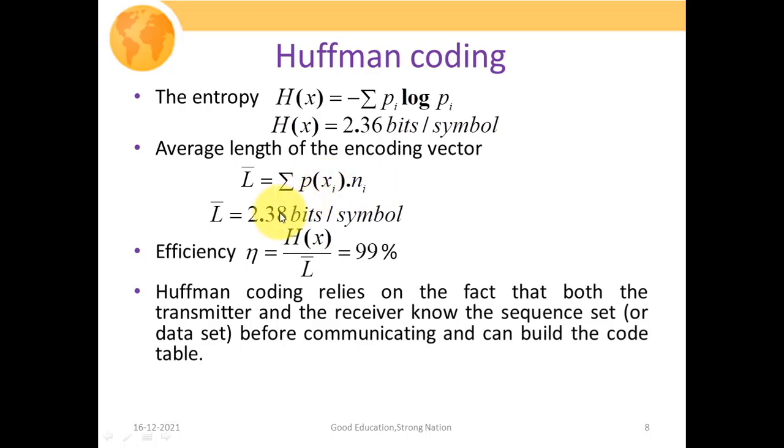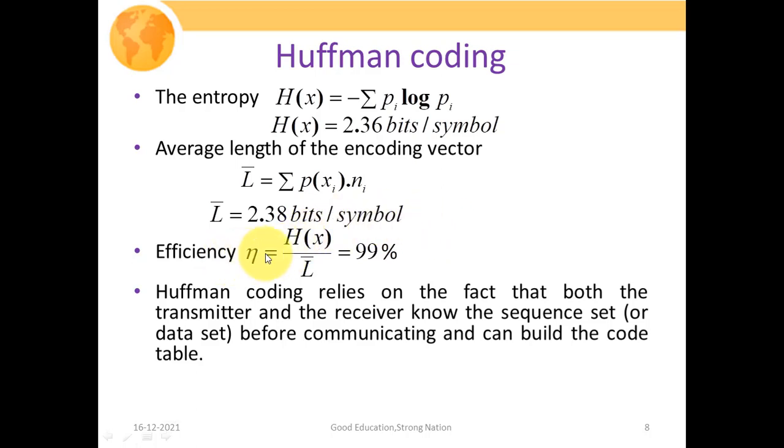Then what we got is L bar turns out to be 2.38 bits per symbol. So here we can say that the average code word length is greater than your entropy. So efficiency would be evaluated as H(X) over L bar, which turns out to be 99%. So we can say that there is a very small amount of redundancy associated with it, and that is equivalent to 0.02 bits per symbol.